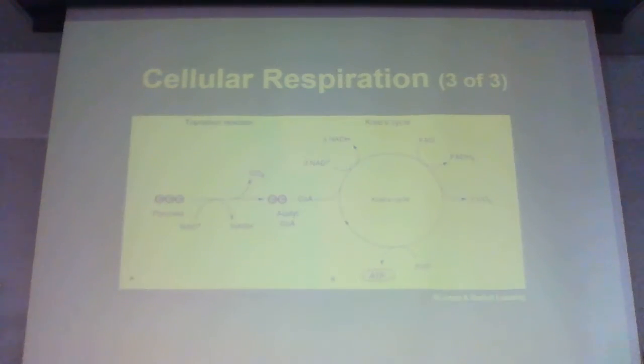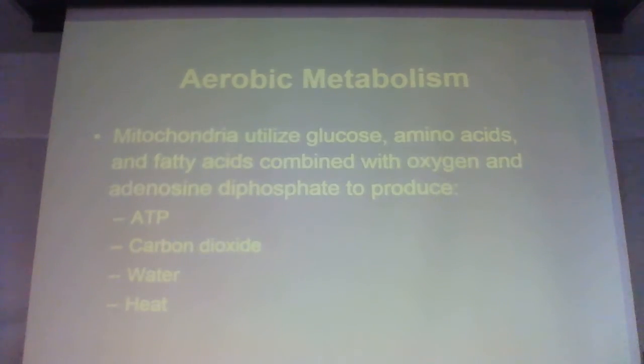All right, so we're going to skip all this because he went through all that. So aerobic metabolism uses glucose, amino acids, oxygen, and the ADP to produce energy, carbon dioxide, water, and heat.